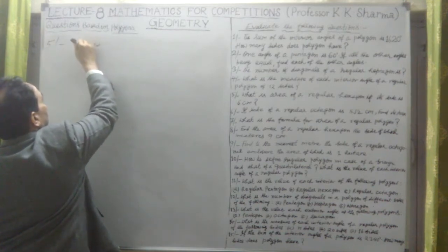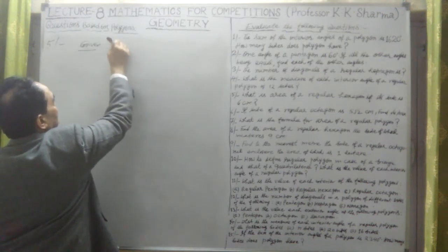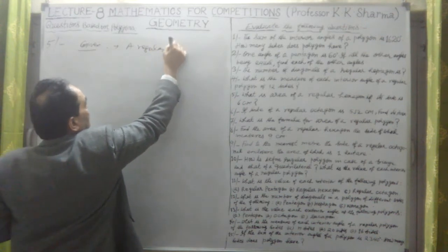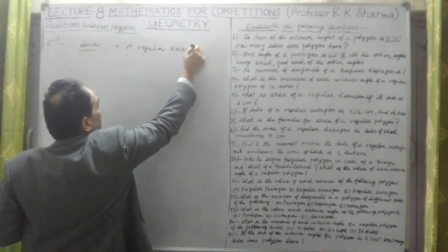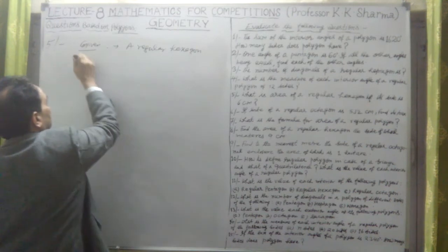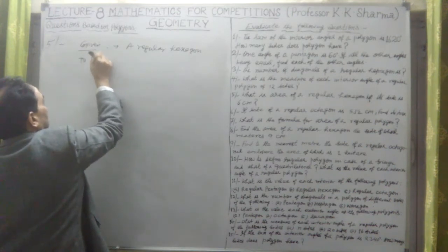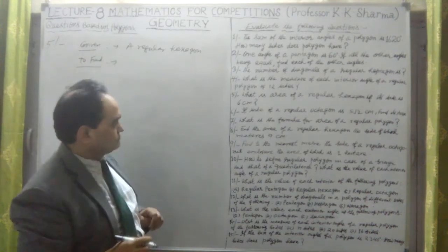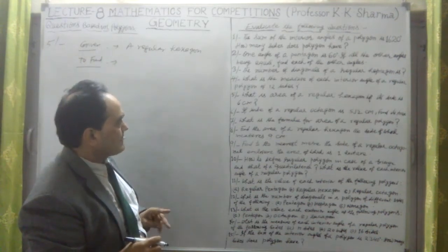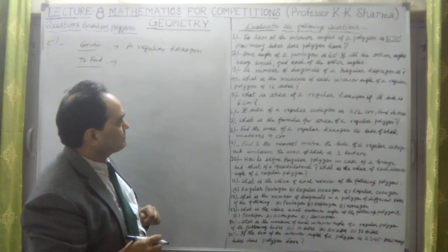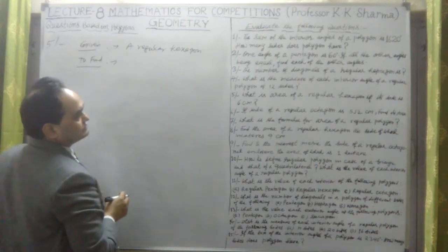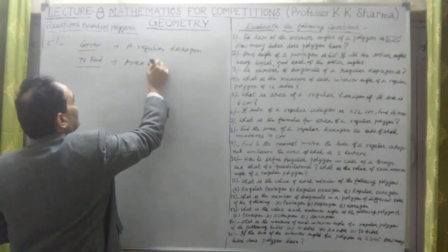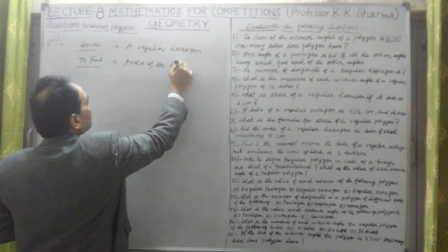A regular hexagon, a 6-sided figure. To find its area, the area of the regular hexagon.